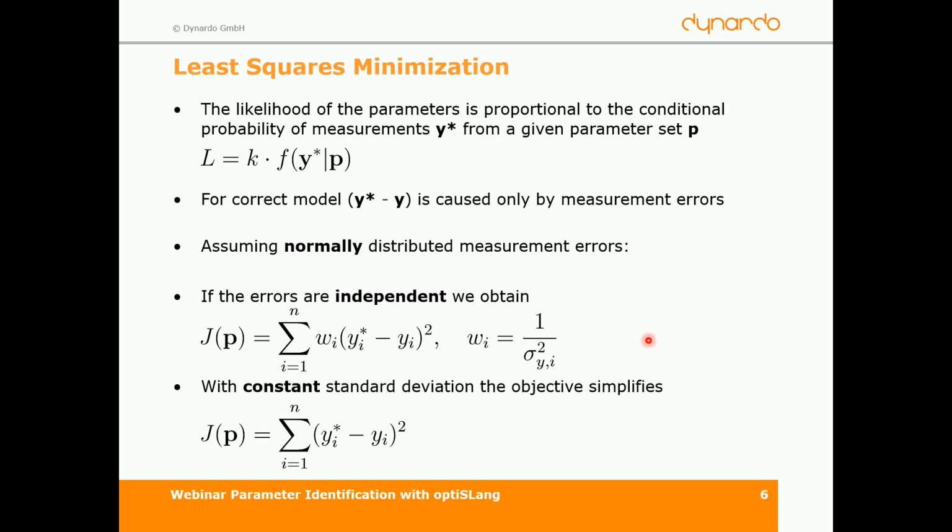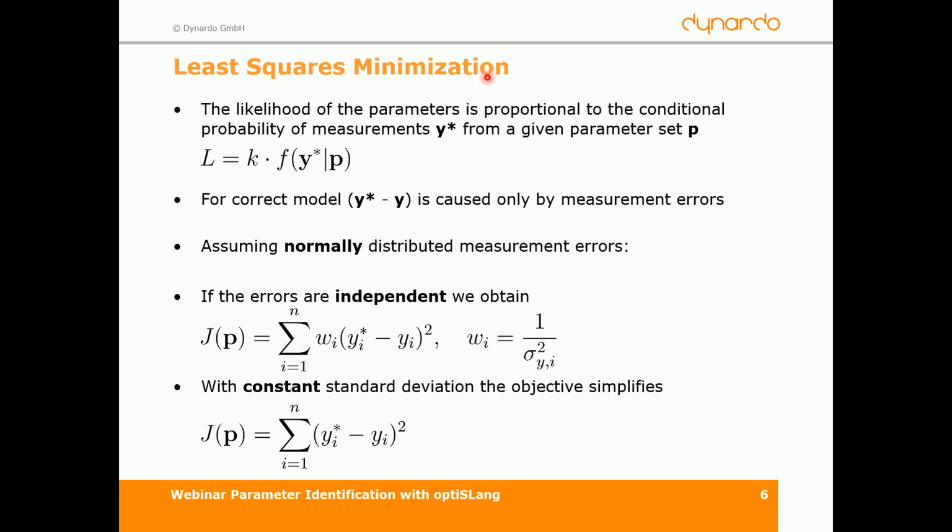For this purpose, we can apply a so-called least square minimization. This is based on a maximum likelihood approach. In this approach, we assume a correct simulation model, which means that the simulation model can really build up the physical behavior of an experiment.